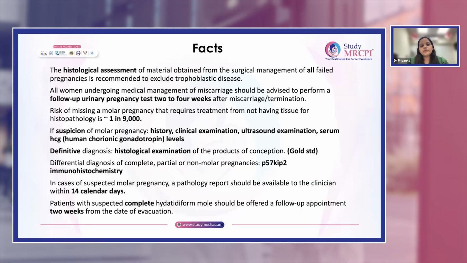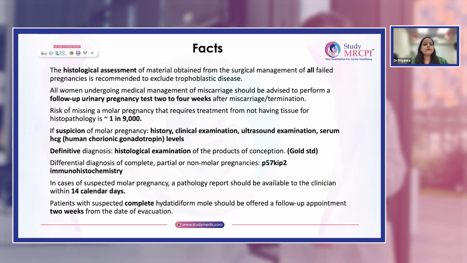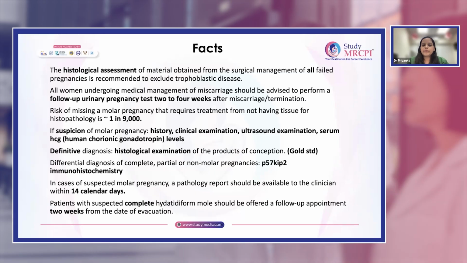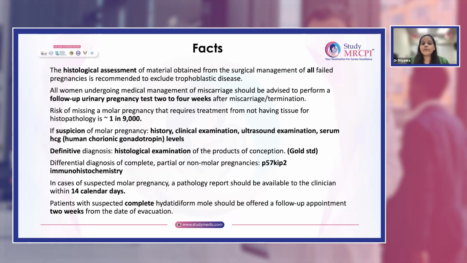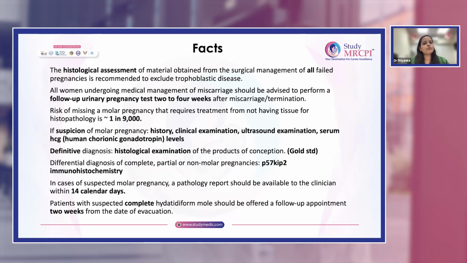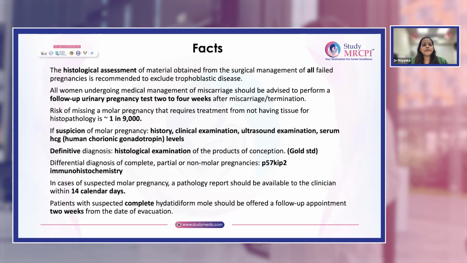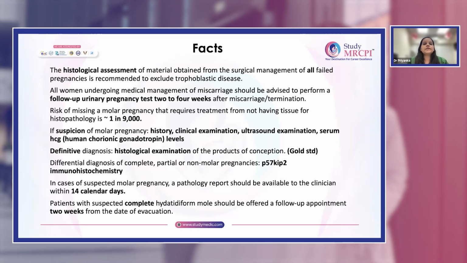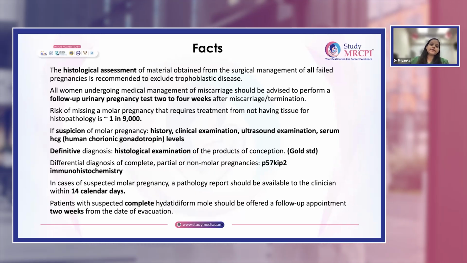That is the diagnostic test. Some histochemical tests, like the P57 KIP2 stain, are done to differentiate between complete and partial molar pregnancies or non-molar pregnancies. And whenever there is suspicion of molar pregnancy, the histopathology report should be available within 14 calendar days.